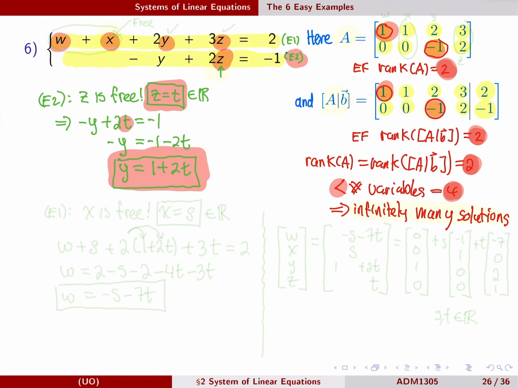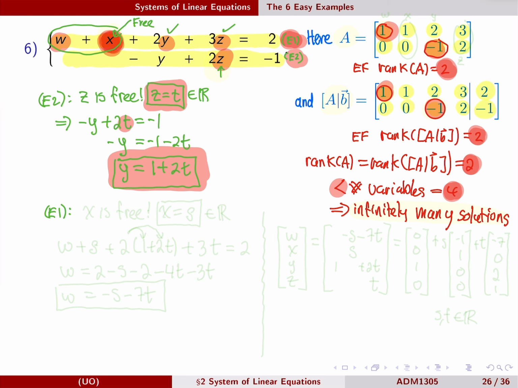But now if I go to equation 1, what happens? I know what z is. It's t. I have a formula for y. It's 1 plus 2t, but I'm still stuck with two variables. The idea is just to repeat the same process. If I assign a value for y now, a new variable, so if I make this variable free, then I can compute w.